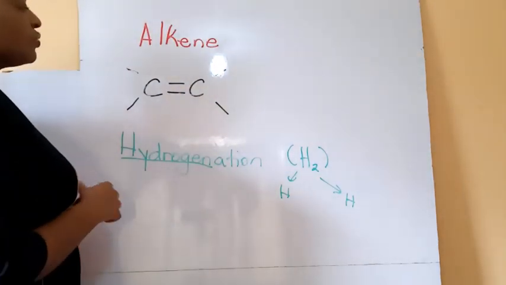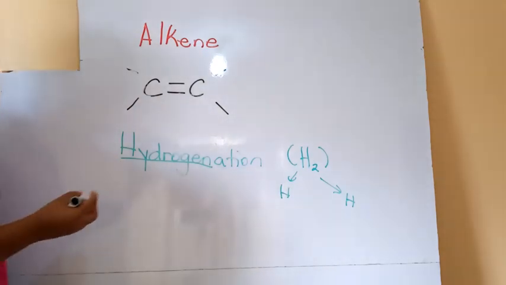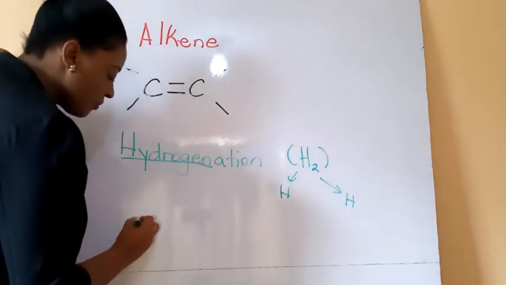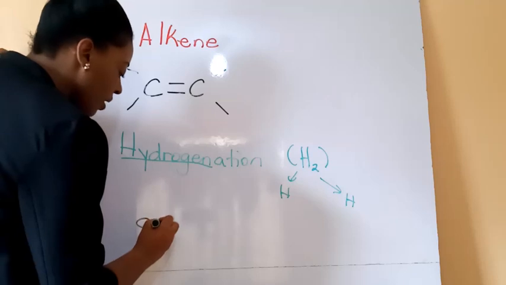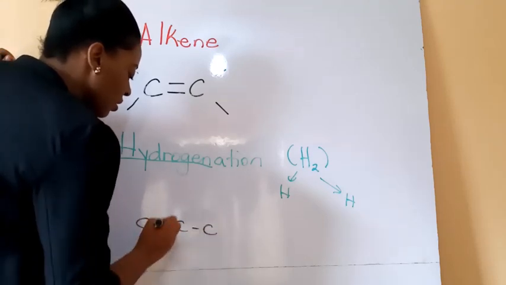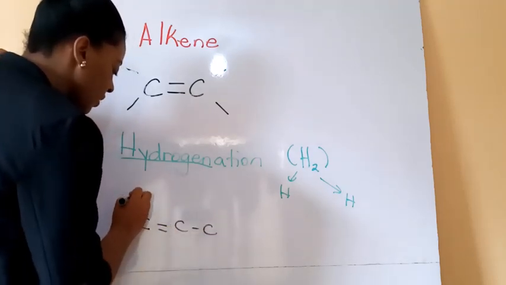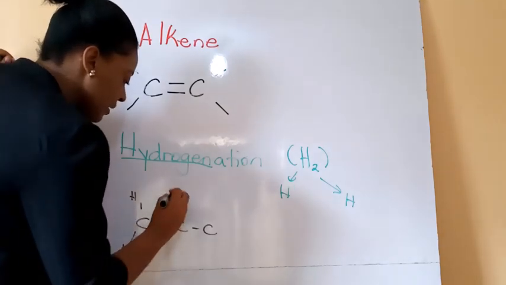We are going to use propene as the example. Propene has 3 carbons and has a double bond.